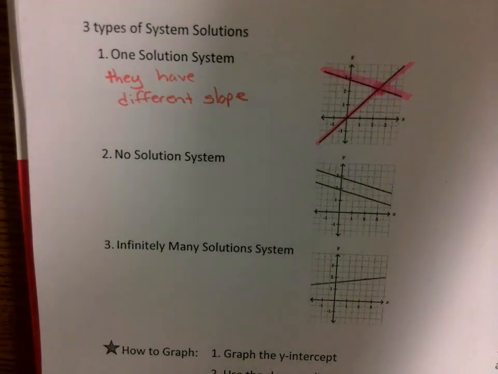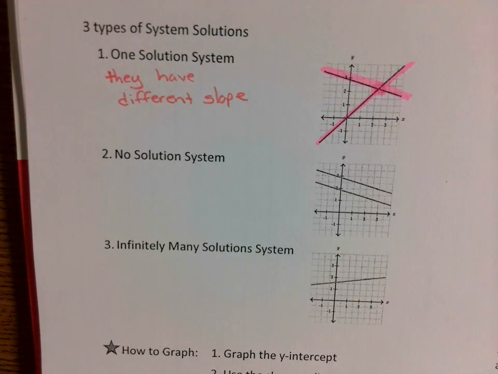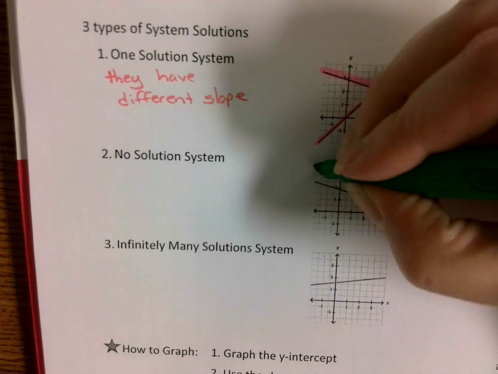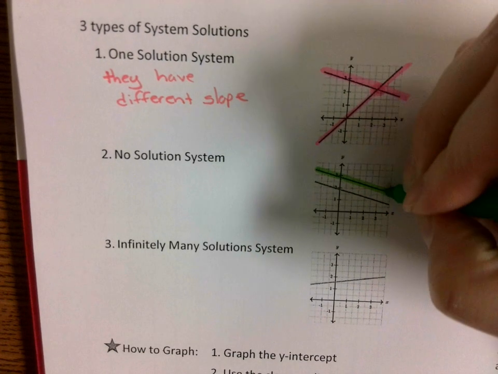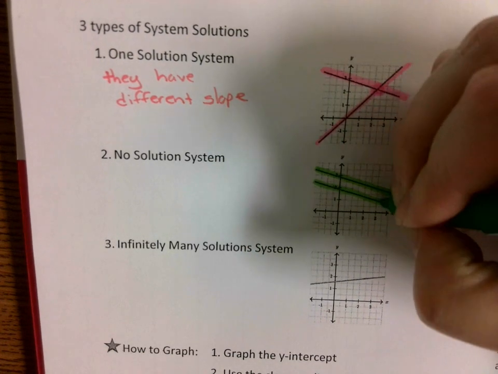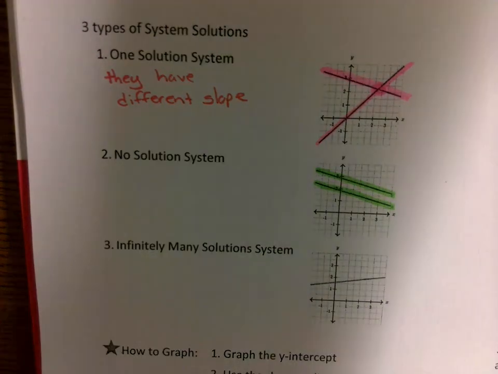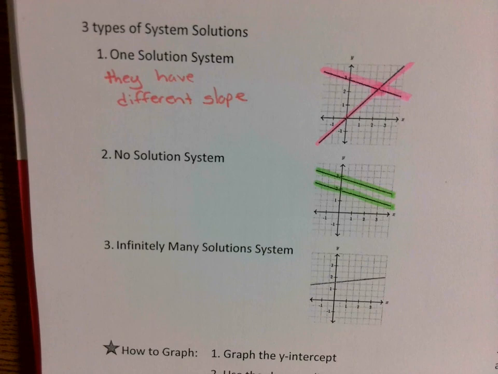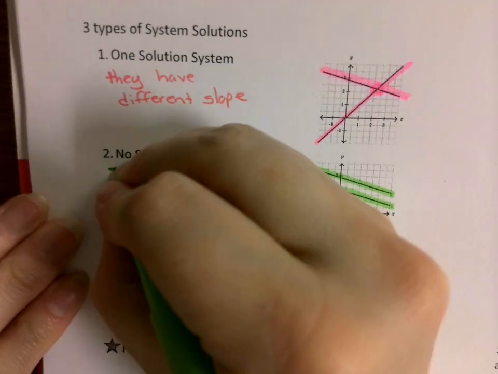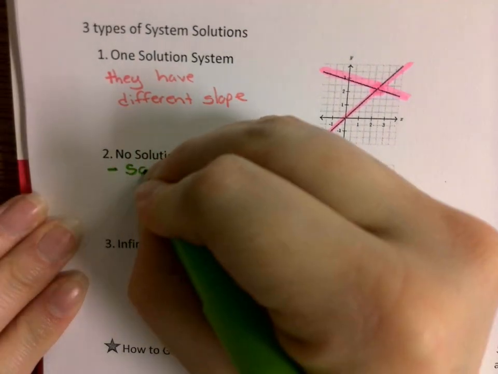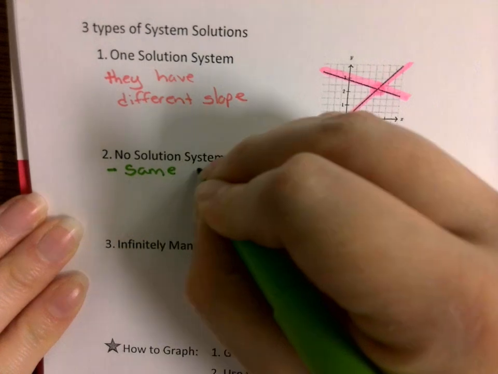The no solution system. No solution system means that they're going to be a set of parallel lines. They will be a set of parallel lines, which means they're going to have identical slopes, or the same slope.